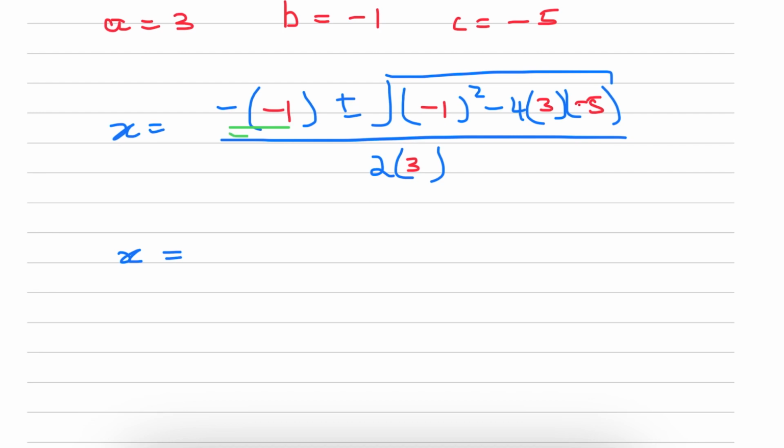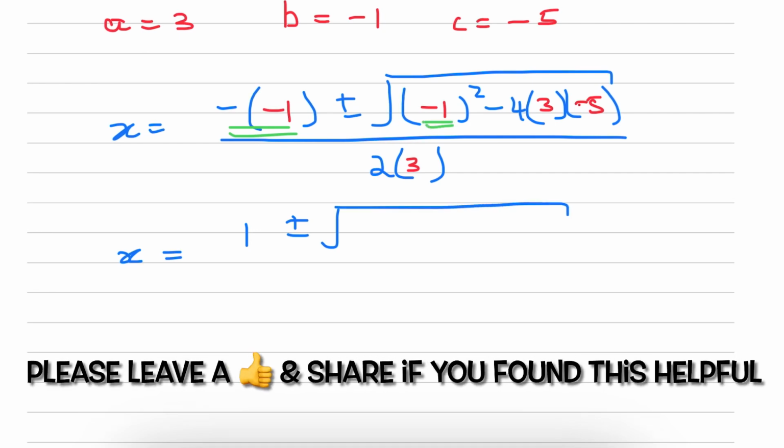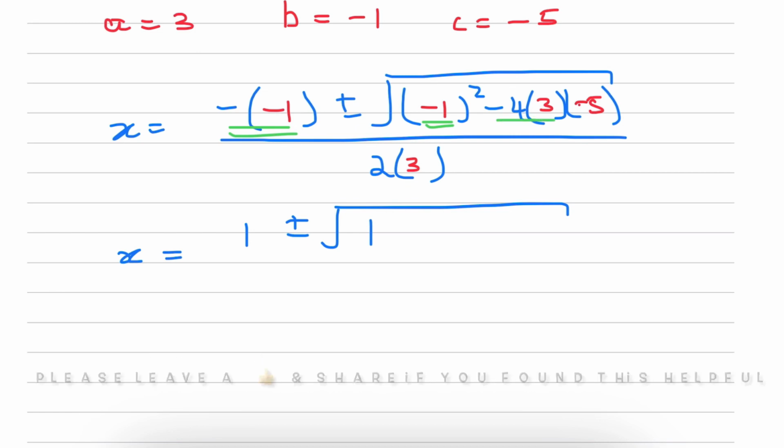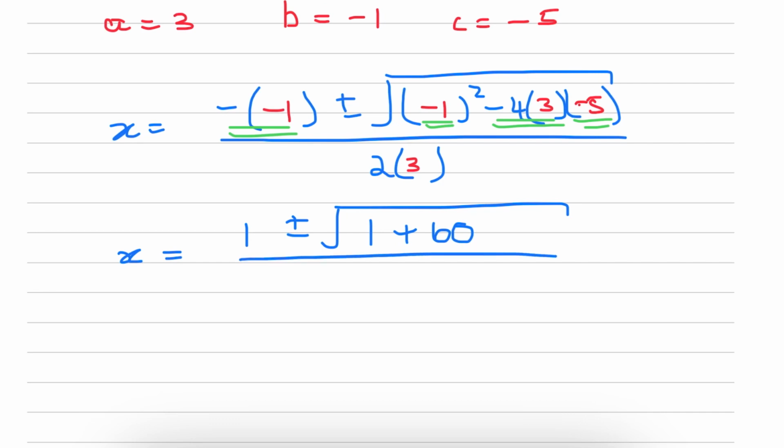Okay, so this negative 1 times negative 1 should give us a positive 1 plus minus. Also, this negative 1 squared should give us positive 1. And this negative 4 times 3 is negative 12. The negative 12 times the negative 5 should give us positive 60. Right, we're going to add that up. 2 times 3 should be 6. So at the bottom we have 6.